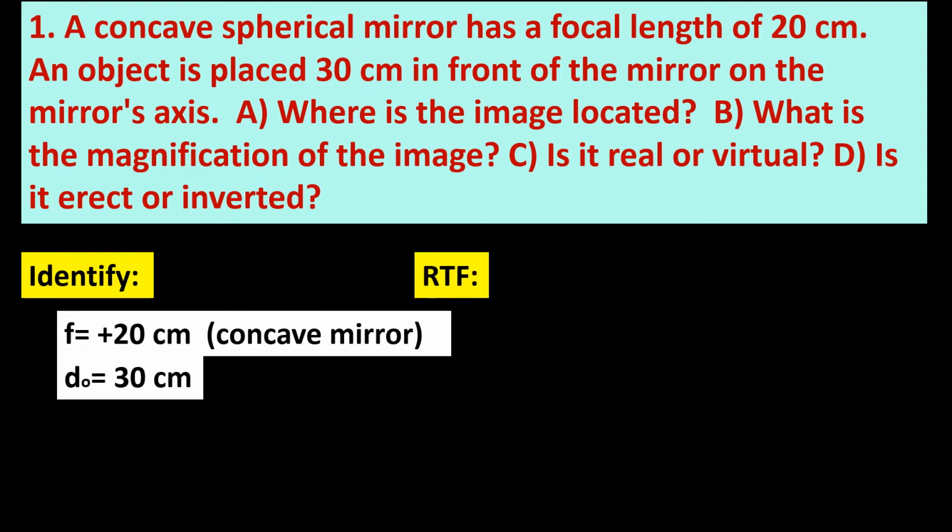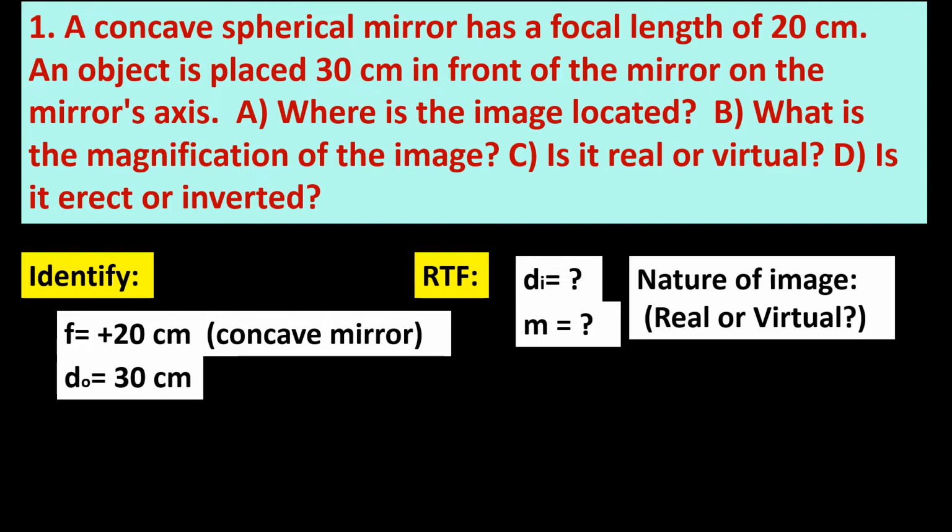Then we are required to find the following: the image distance, denoted here by DI. We also have the magnification, which means how many times the image is larger or smaller than the real object.